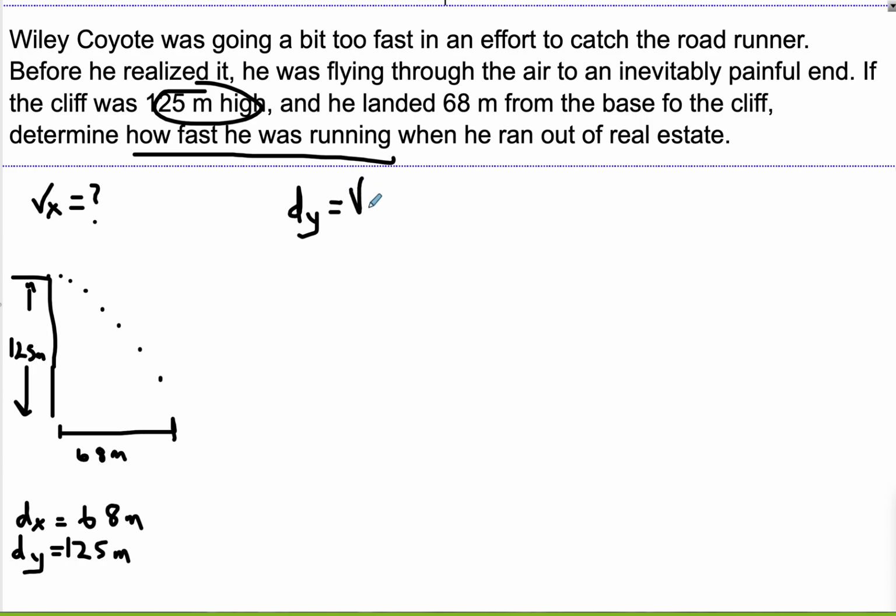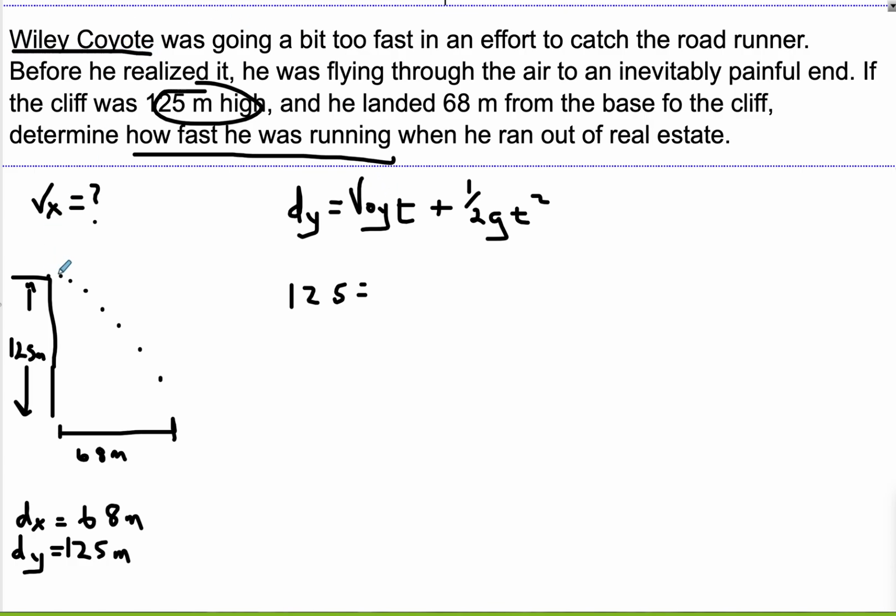So dy equals the original velocity in the y direction times time plus 1/2 g t squared. So we know dy, it's 125. Now this original velocity in the y direction, it's literally Wile E. Coyote.